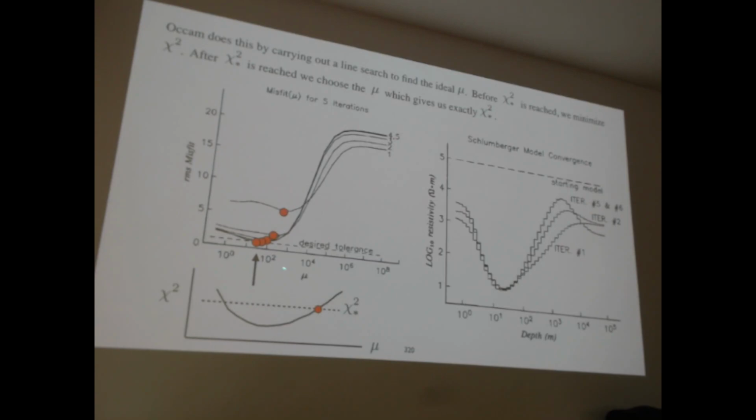And you keep doing this until you hit your desired solution, and then you end up with two models that will fit the data to the level you want. And you choose the one with the bigger Lagrange multiplier because that's the smoother model. And the nice thing about this is that you can keep going with the iterations, but nothing's changing because it converges to a solution. So that's where the stability comes in.